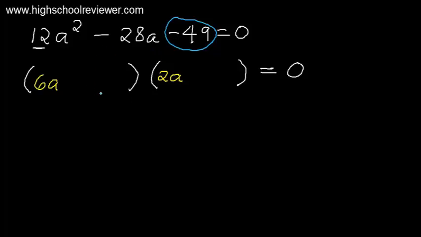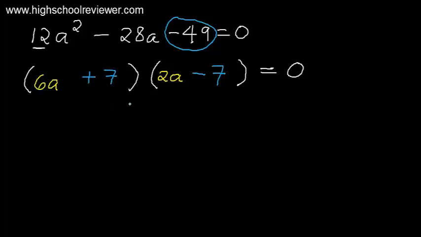So let us put here the factors. The factors of 49 are only negative 7 and positive 7. So we are going to put negative 7 on our outside term so that it will be multiplied by 6a. So it will be bigger than the inside terms. So we are going to have here positive 7.